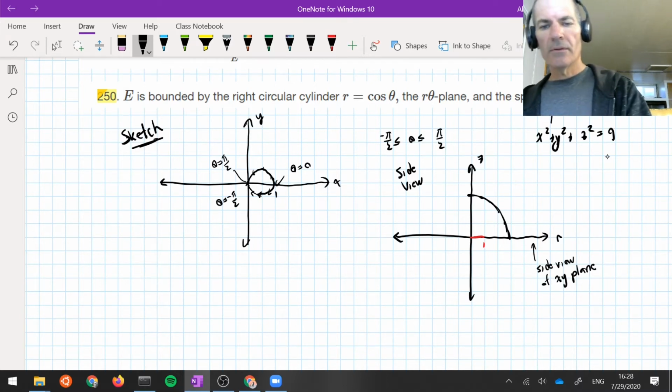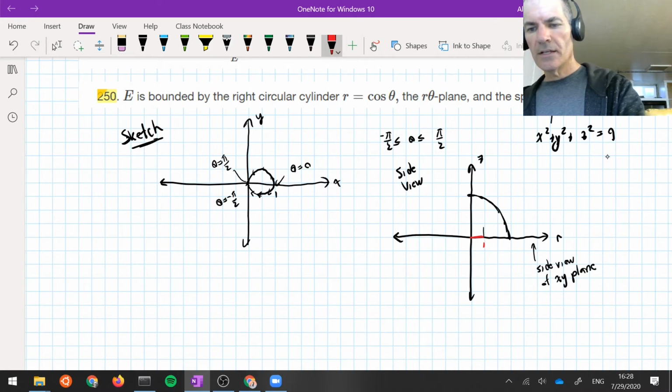So remember that we've got this cylinder that we've generated by taking this circle and lifting it up to the surface of the sphere. Let me change this to red. Lifting it up to the surface of the sphere, and we get something like that.